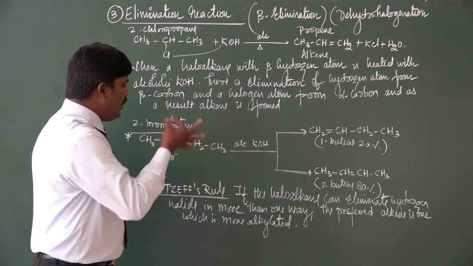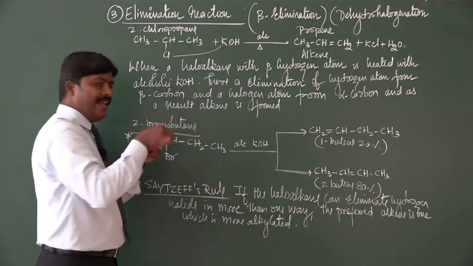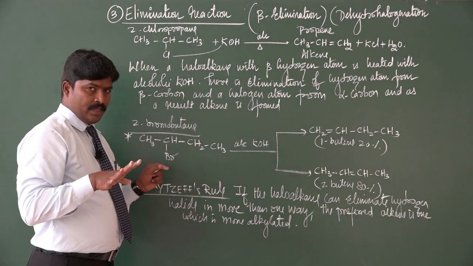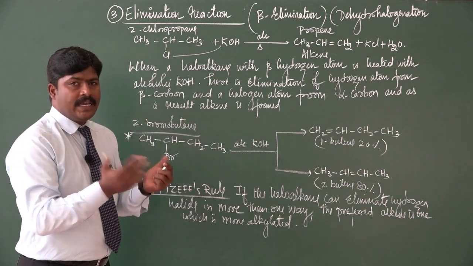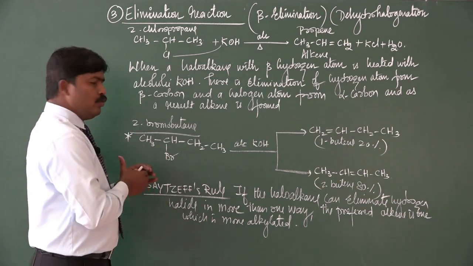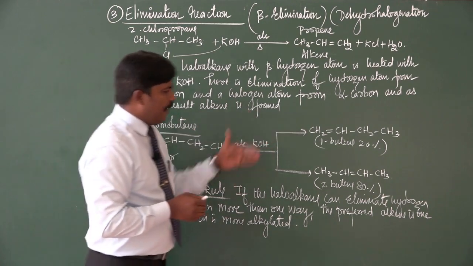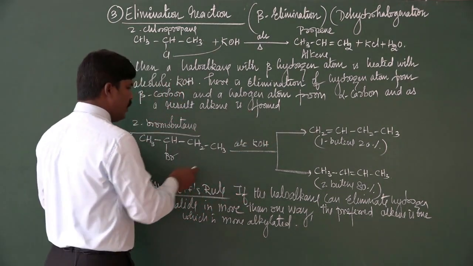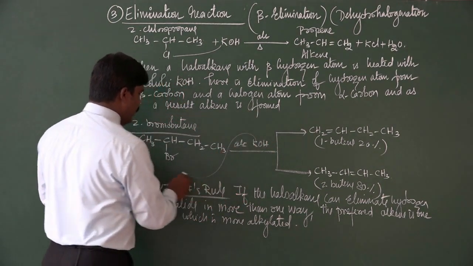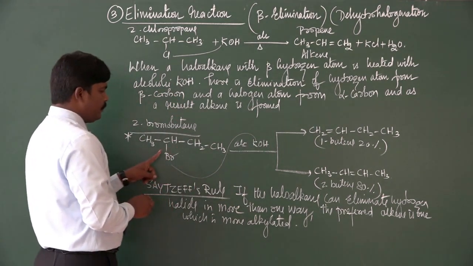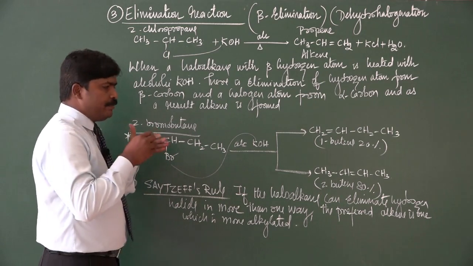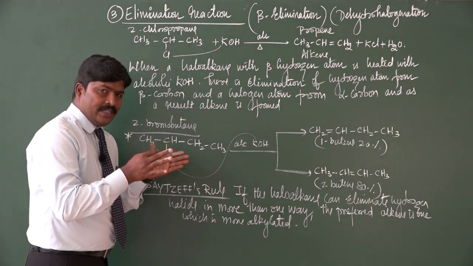So, if you remove the hydrogen from the carbon having a lesser number of hydrogens, that becomes the more alkylated product. Now, I get a major product and a minor product. Of course, elimination of KBr takes place. Now, liberty is given to me, but the product will be more alkylated.